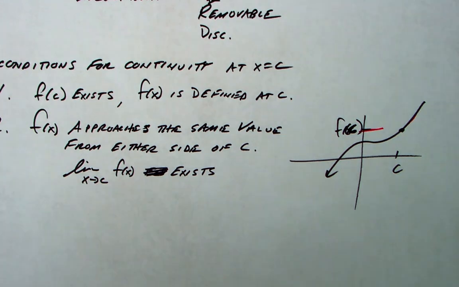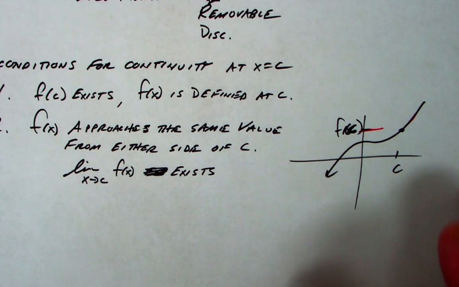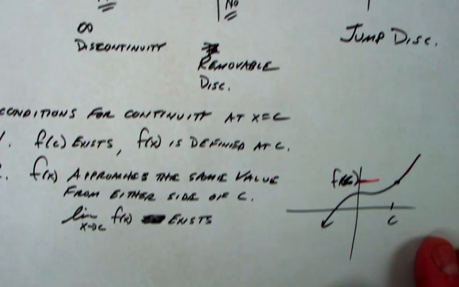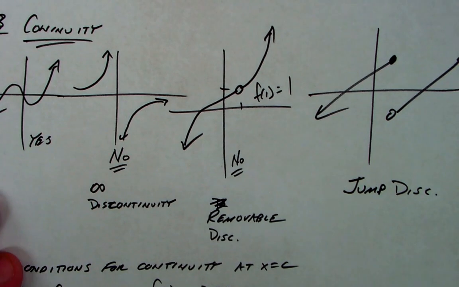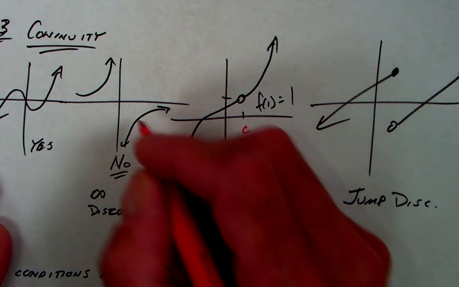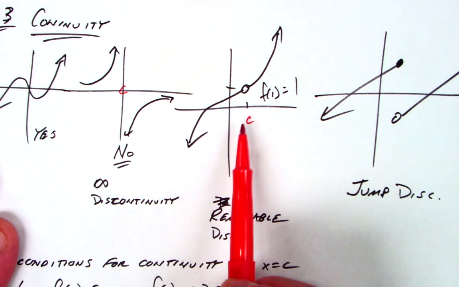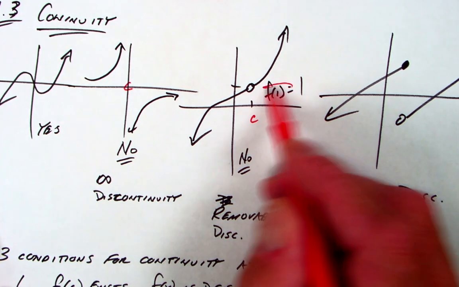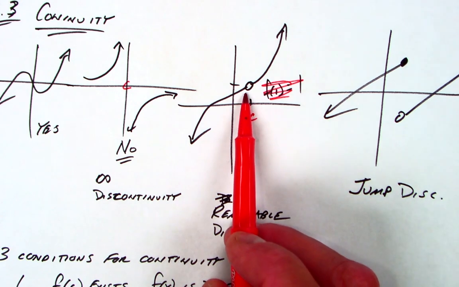So let's stop right here and look at the four graphs we have up top and see which ones are violated. First one: f of c exists. If my c is right here, at 0, does f of c exist? Do I have a point there?